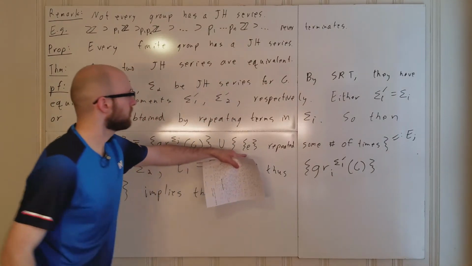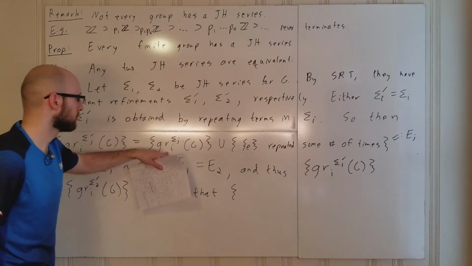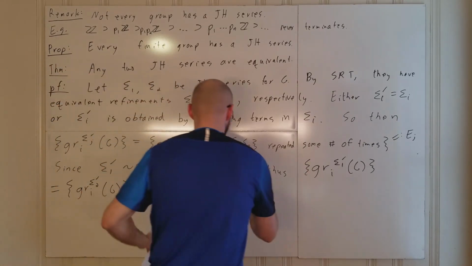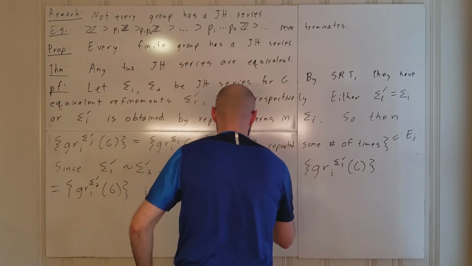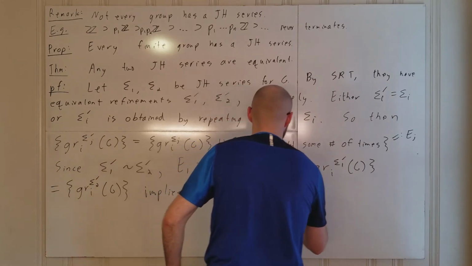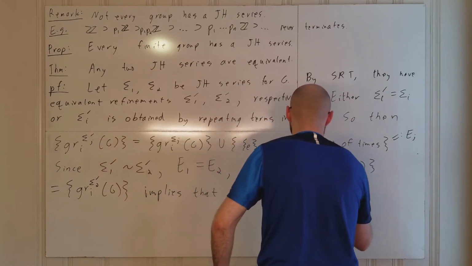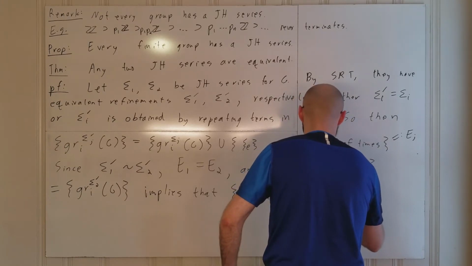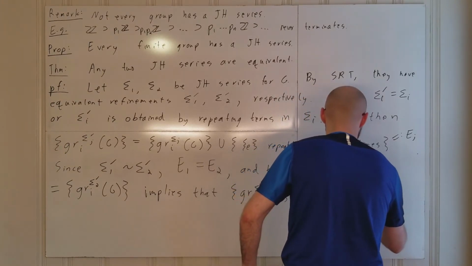But what is left over if we throw out e_j here? We're just going to get this. And so gr_i of sigma 1, G is equal to gr_i of sigma 2, G.